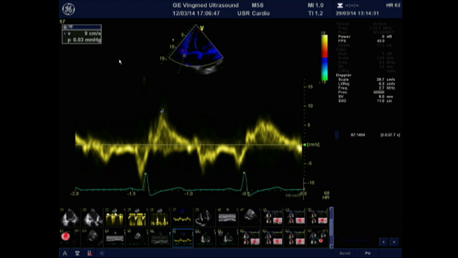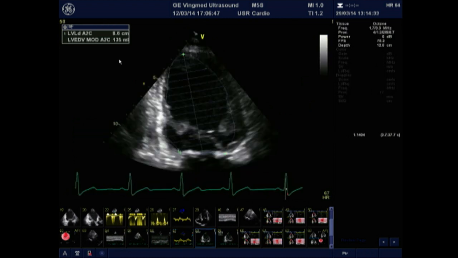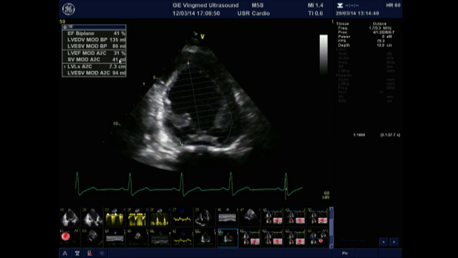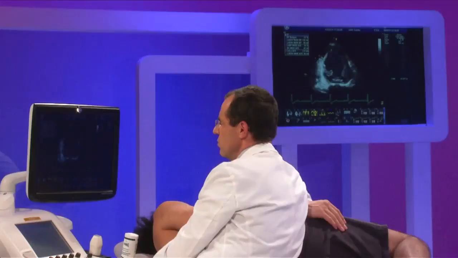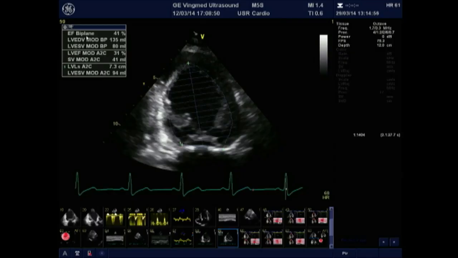And finally, the conventional approach to the systolic left ventricular function shows that the ejection fraction using the Simpson biplane formula is 41%, confirming our eyeball first impression and also the speckle tracking assessment that the myocardial global function was mildly to moderately reduced.